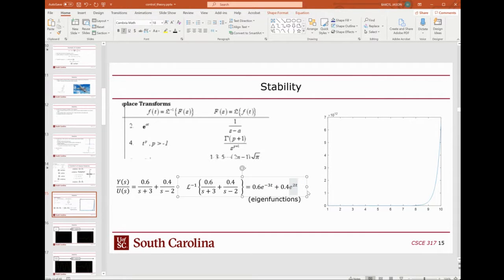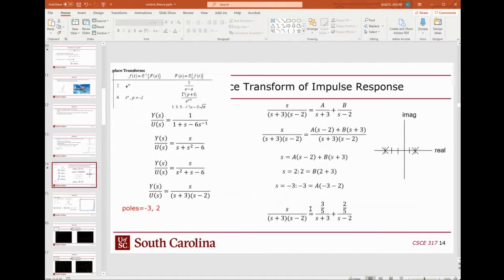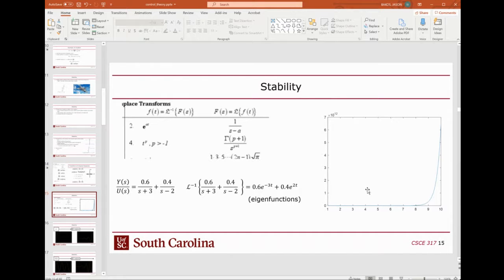Hopefully when I plotted it, it was right, unless I transcribed it wrong from here. Yeah, s plus 3, s minus 2. So the a is negative here, it's positive there. So negative 3 plus 2. I think that it should still be unstable though. I might have to redo the plot.